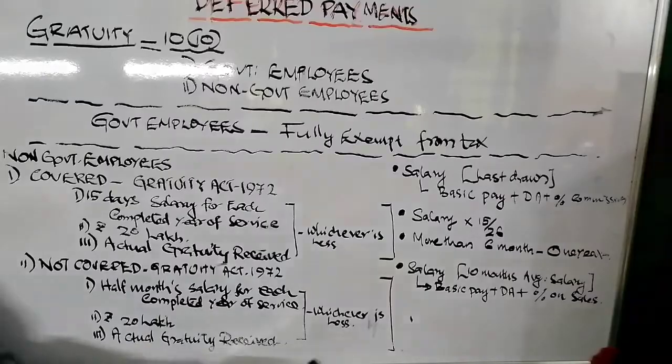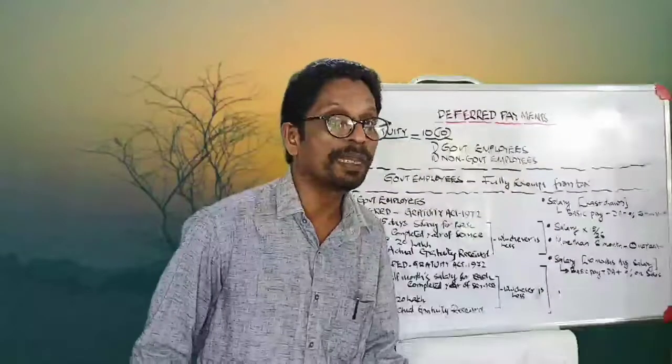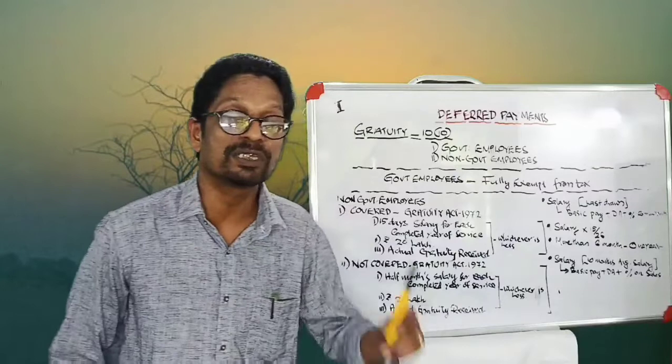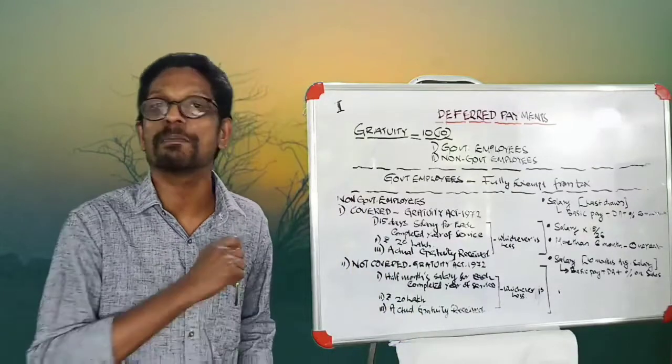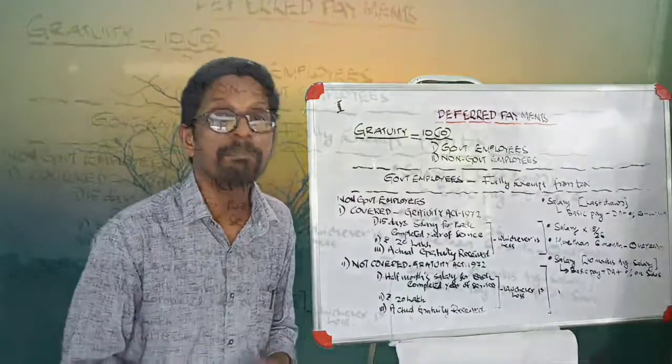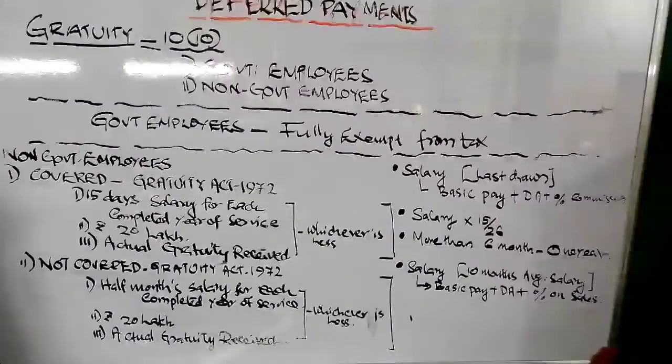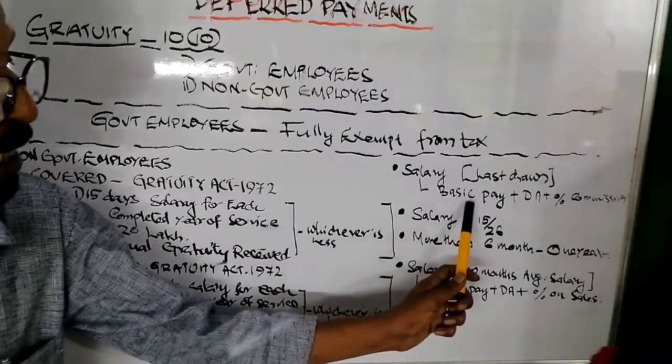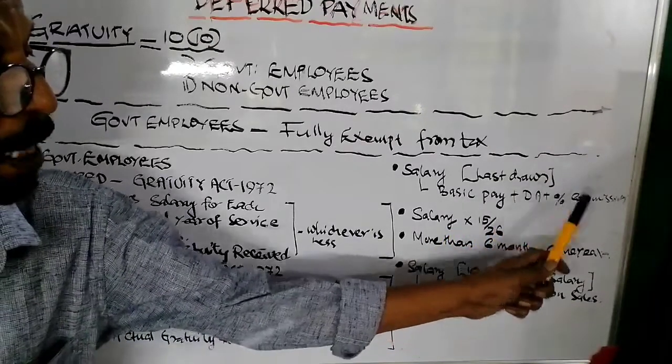The salary considered is the last drawn salary, meaning basic pay plus DA plus fixed percentage commission on sales. Those three figures constitute the salary.